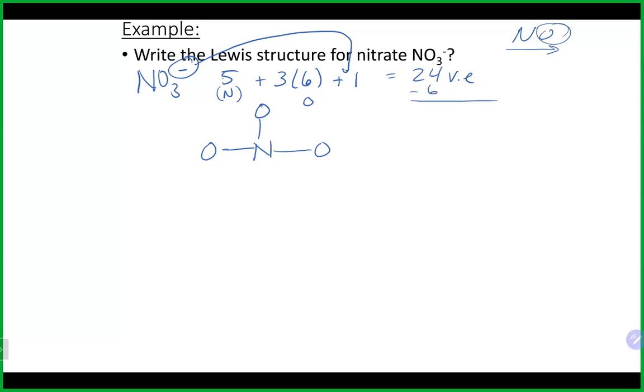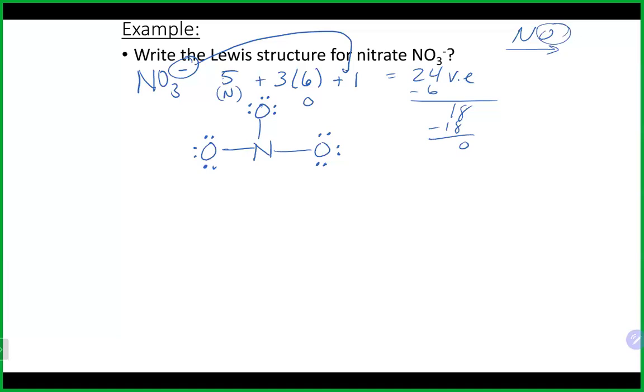That's going to leave me 18 electrons, I hope. Those are going to go on the outside in pairs of electrons. So 2, 4, 6, 8, 10, 12, 14, 16, and 18 electrons. I am out of electrons at this point.